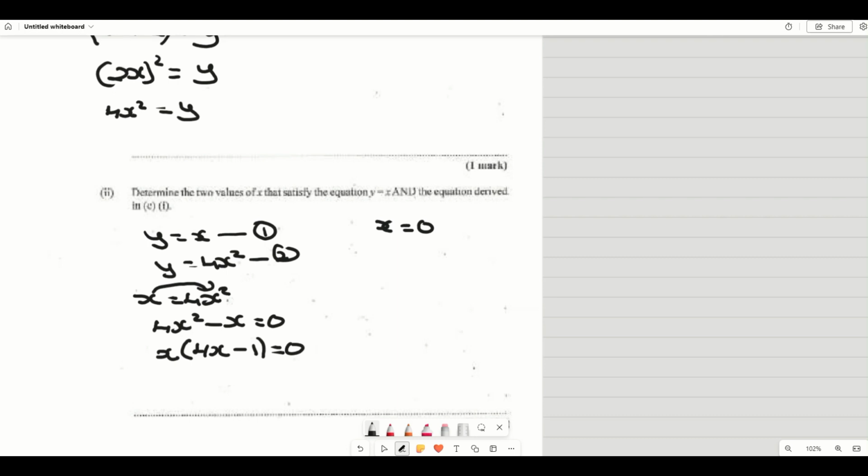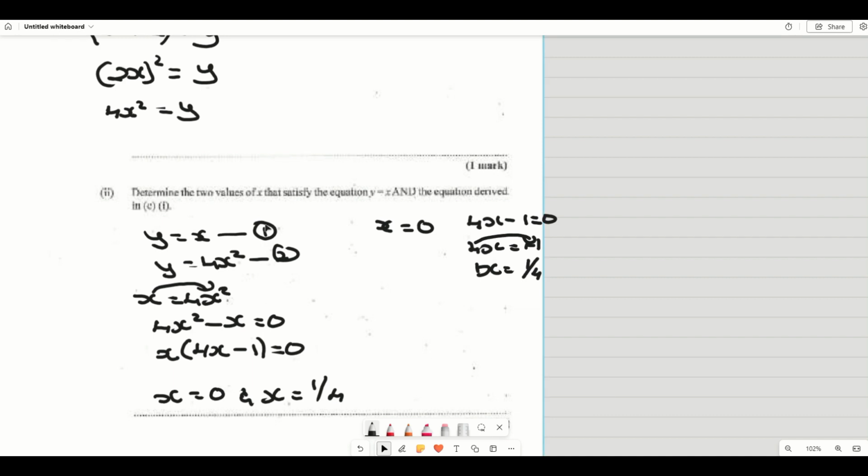So x is equal to 0. Then 4x minus 1 equals 0. So 4x is equal to positive 1. So x would be 1 over 4, right? If you carry across multiply by 4, it's divided by 4. So x is equal to 0 and x is equal to a quarter, and that would be your answer for this question.